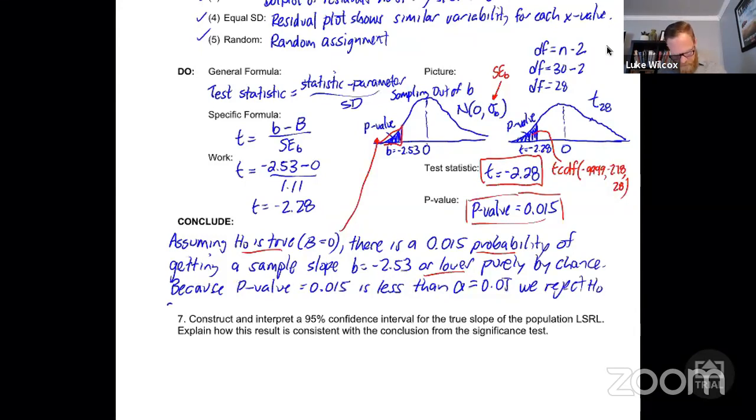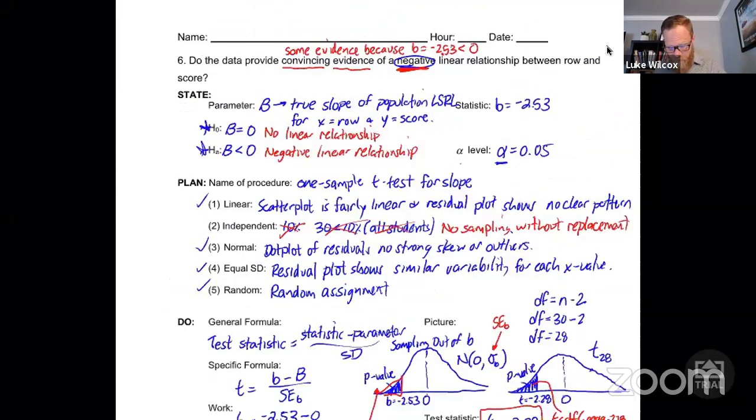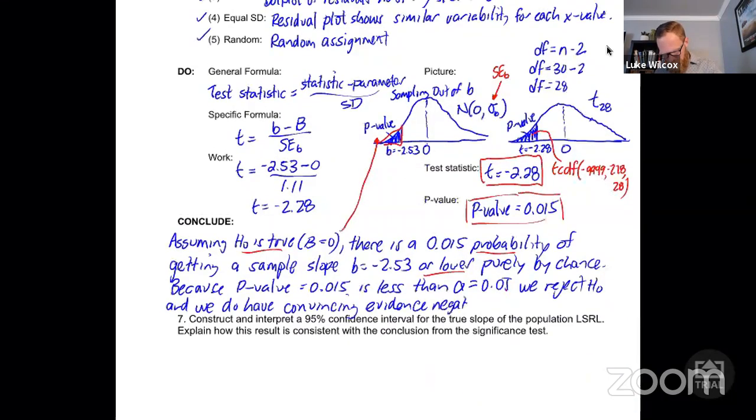And we do have convincing evidence. And now I'm just going to go back to the wording of the question here, right? Convincing evidence of negative linear relationship between row and score.